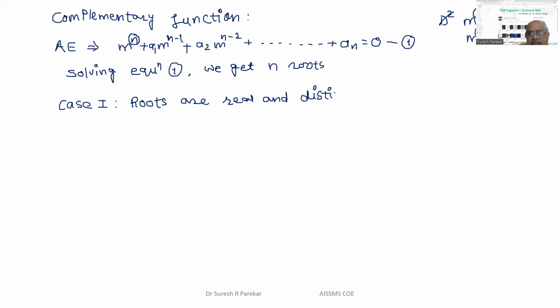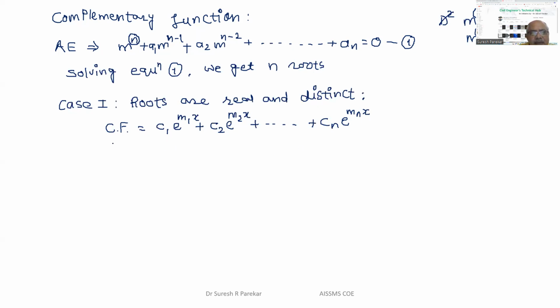Real and distinct. If the roots are in this fashion, then we write the complementary function equal to C1 e raised to m1x plus C2 e raised to m2x plus ... Cn e raised to mnx.